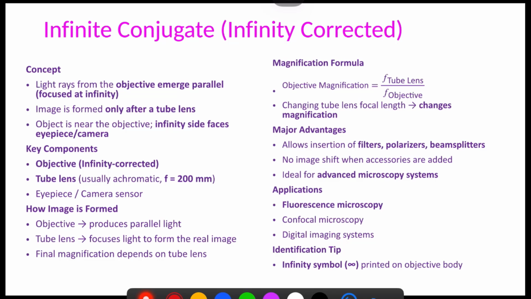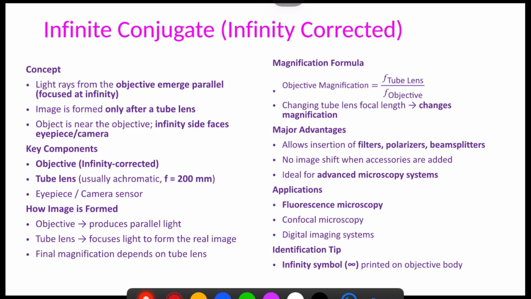We will see in the next slide what the difference is between infinite and finite conjugate. Second, the object is near the objective, and the infinity side faces the eyepiece and camera.